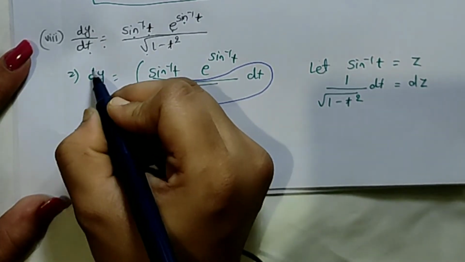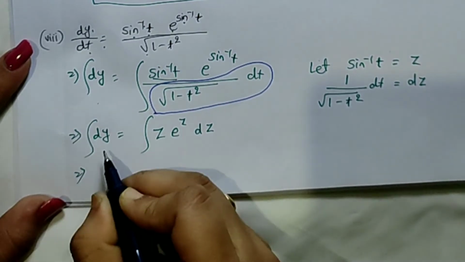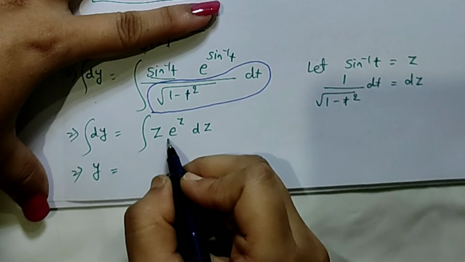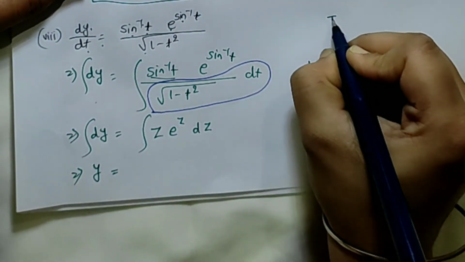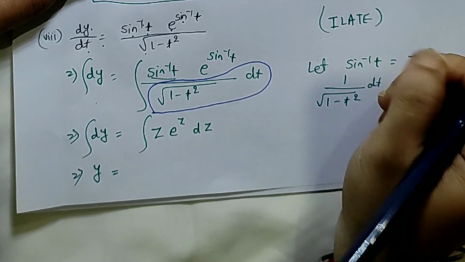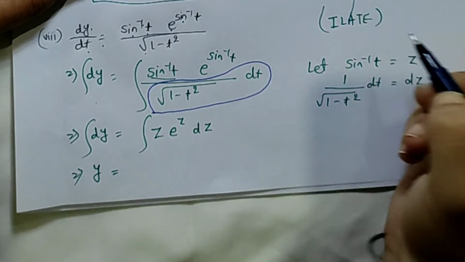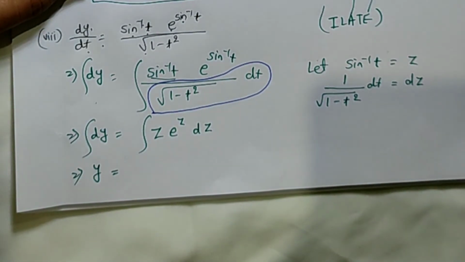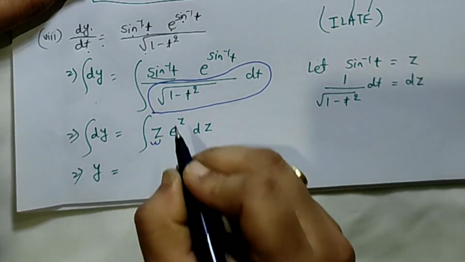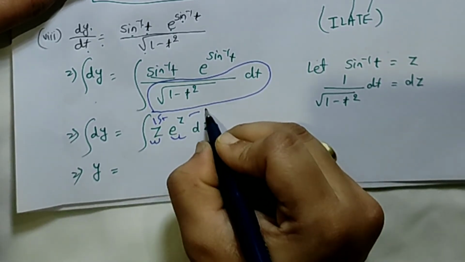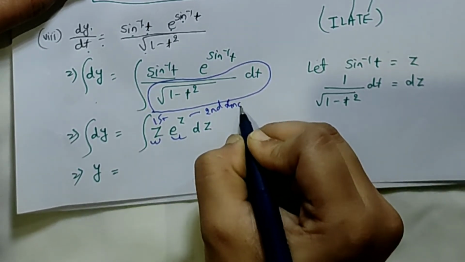Integrating both sides. Okay. Implies that integration of dy will be y is equal to integration of z e power z dz, which is of the form of ILATE, integrating by parts, where z is algebraic and e power z is exponential. So which one will be the first function? z will be the first function and e power z will be the second function.